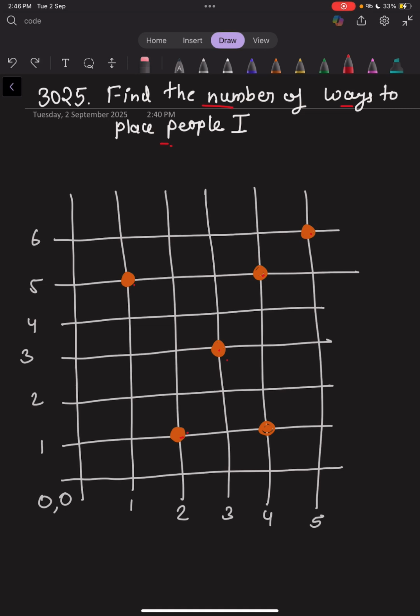The brute force approach is that we will go through all the points, right? We will match them with the other points and find out whether they are forming a rectangle or not.